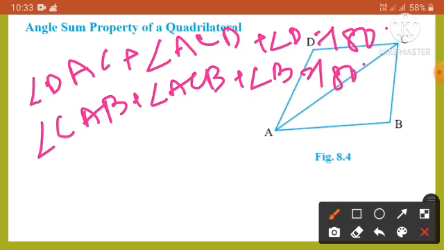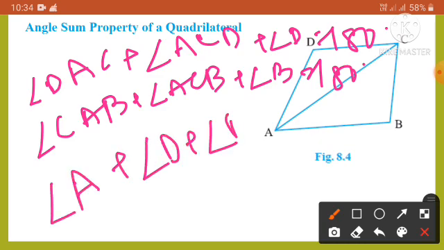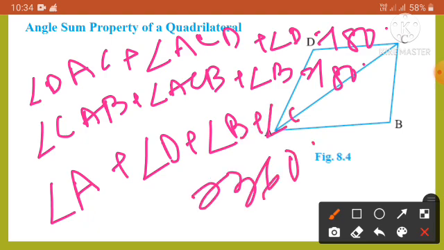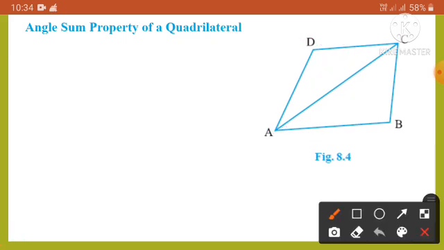Now if I add these two equations, we get angle A plus angle D plus angle B plus angle C equal to 360 degrees.